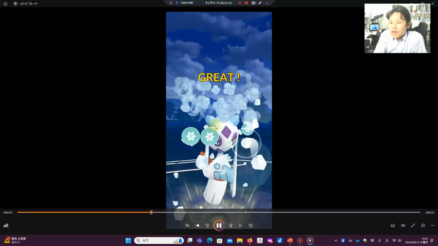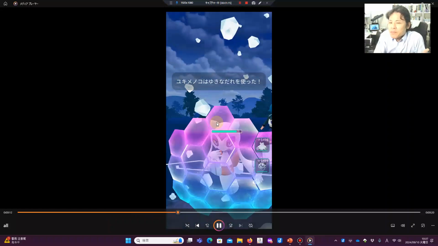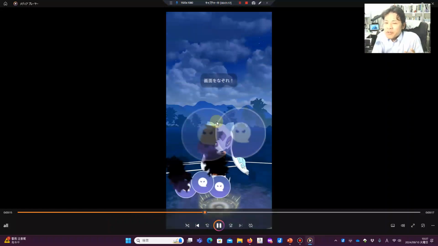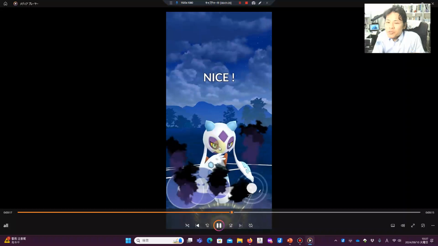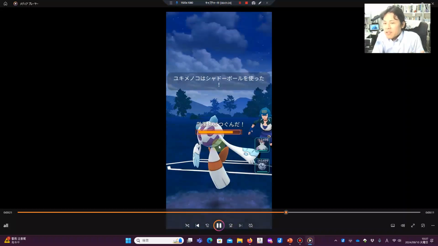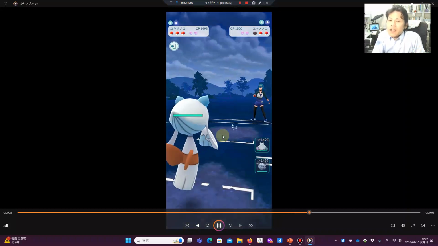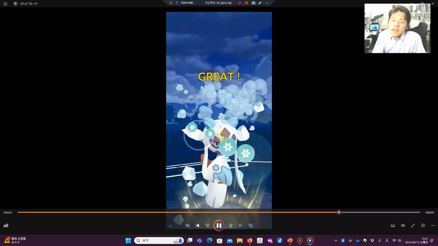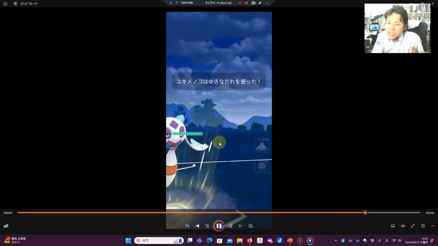Two, I throw a bait and the opponent shields. Three, I throw a nuke and the opponent doesn't shield. And the last one, four, I throw a bait and the opponent doesn't shield.